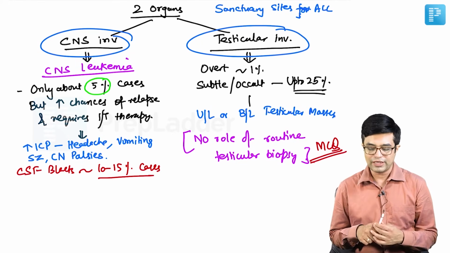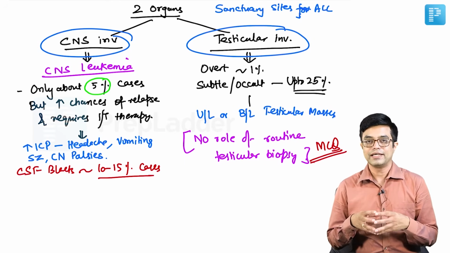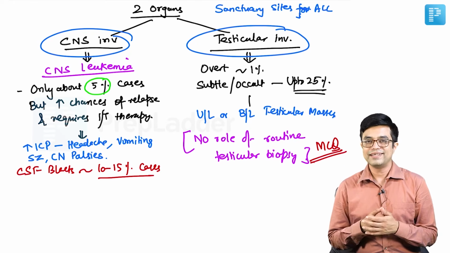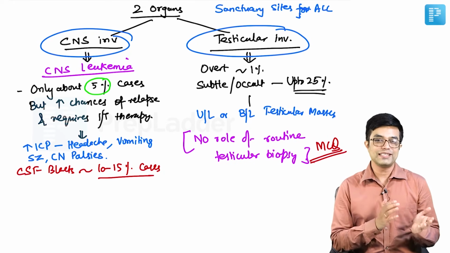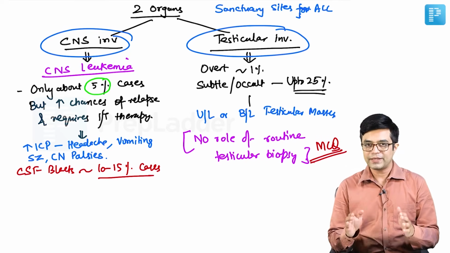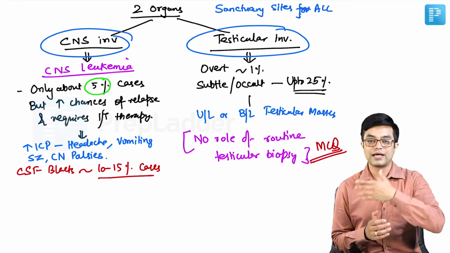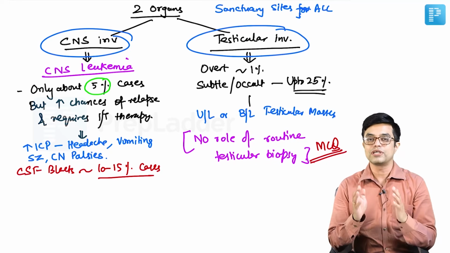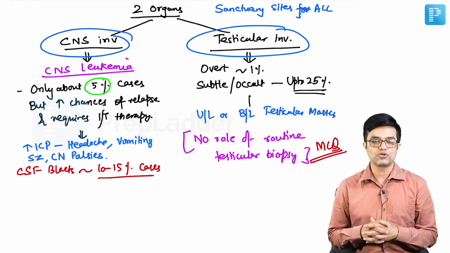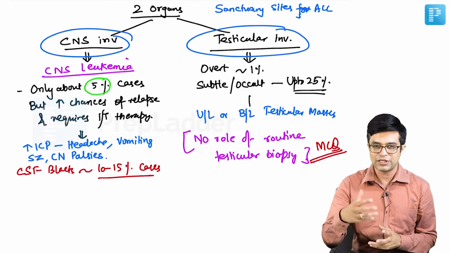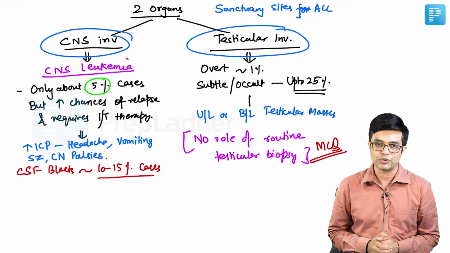Similarly, sanctuary sites for ALL are those sites where the blast cells can lie latent. They can escape normal routine chemotherapy which is given. They are not always easily detectable, but after therapy has been completed, these cells can become active there and can produce relapses. So CNS and testicular sites are sometimes called sanctuary sites. If an MCQ asks you what a sanctuary site is, CNS and testis are considered to be the sanctuary sites.